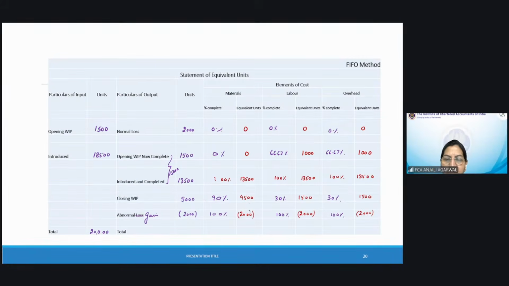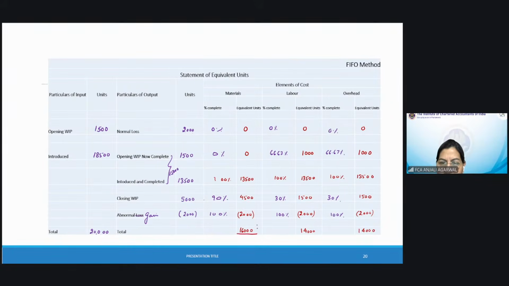Total equivalent units as far as material is concerned, 13,500 plus 4,500 minus 2,000, 16,000. 13,500 plus 1,000, 14,500 plus 1,500, 16,000 minus 2,000, 14,000. And similarly, this will also come out for the other elements.